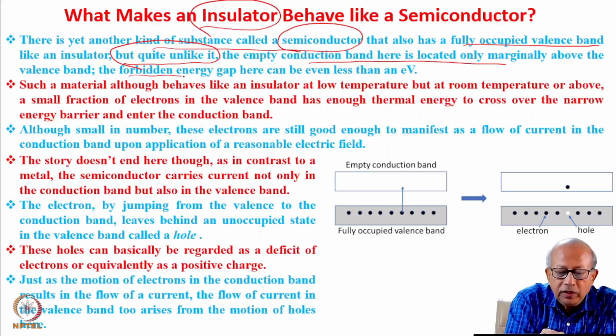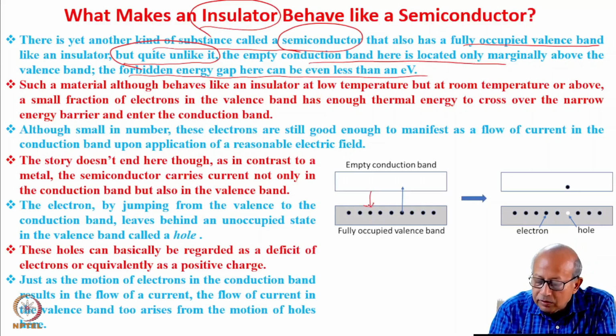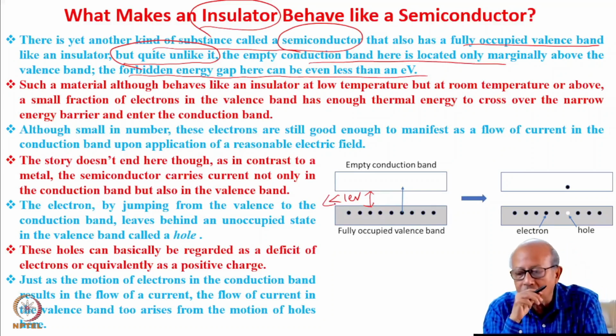That is, the forbidden energy gap here can be even less than 1 electron volt, could be much less than 1 electron volt.